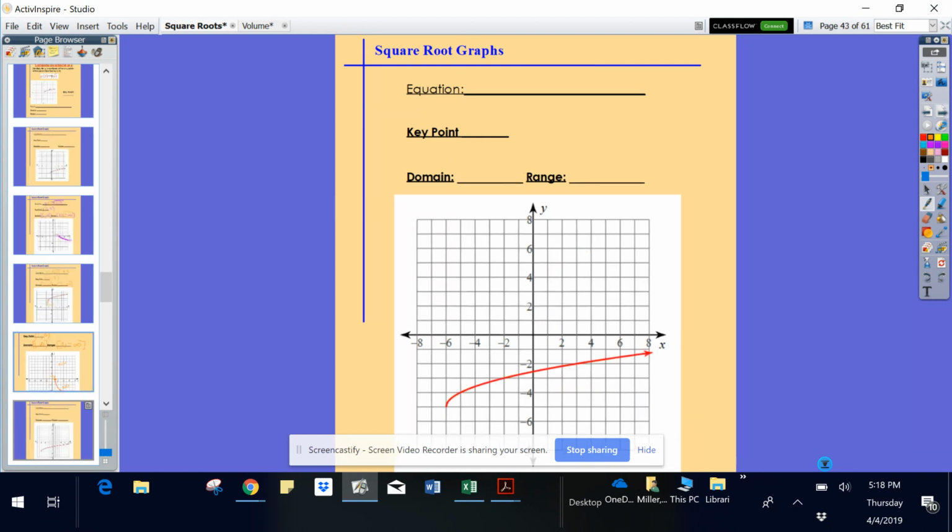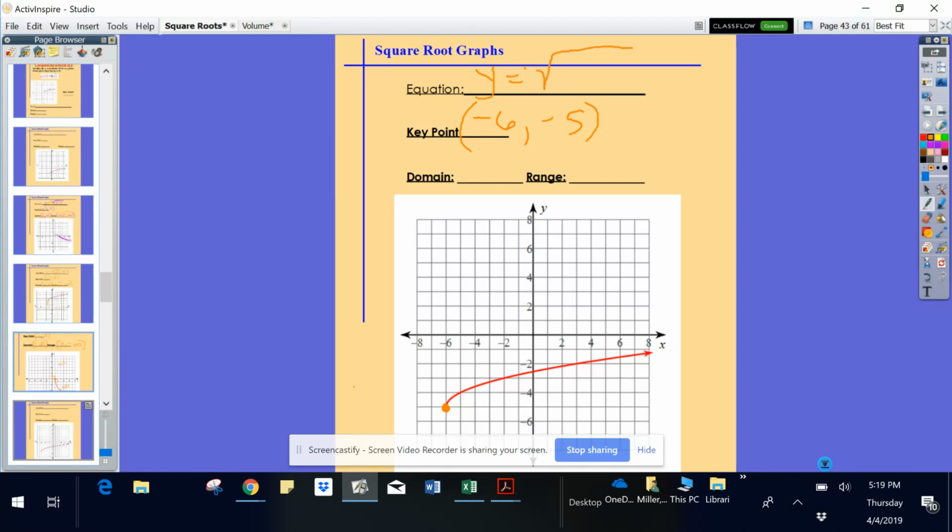All right. Oh, we do have one more. Okay. Let's take a look at our key point. Let's see. We've got a -6 for our x value, and we have a -5. All right. So my graph is going upward. So y equals.